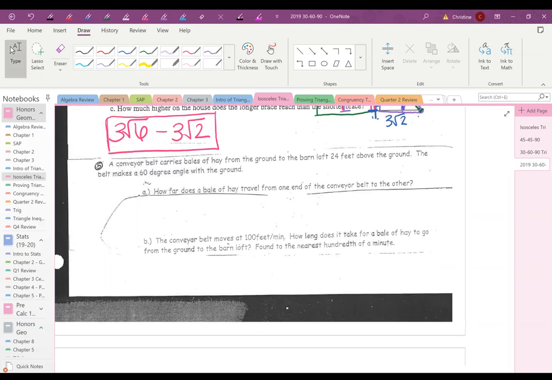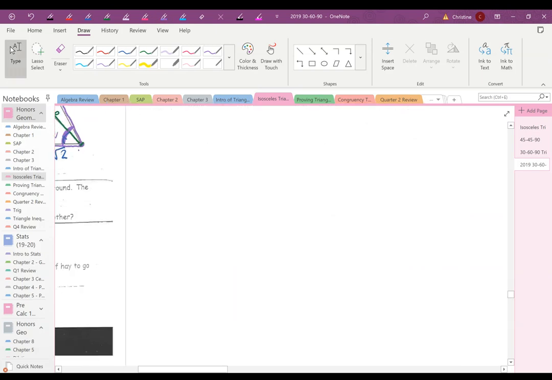Okay, next one. This one's exciting. Pause for a second. If I said that I drove at a rate of 25 miles per hour, and I wanted to know how far I would drive if I drove for a 3-hour trip?